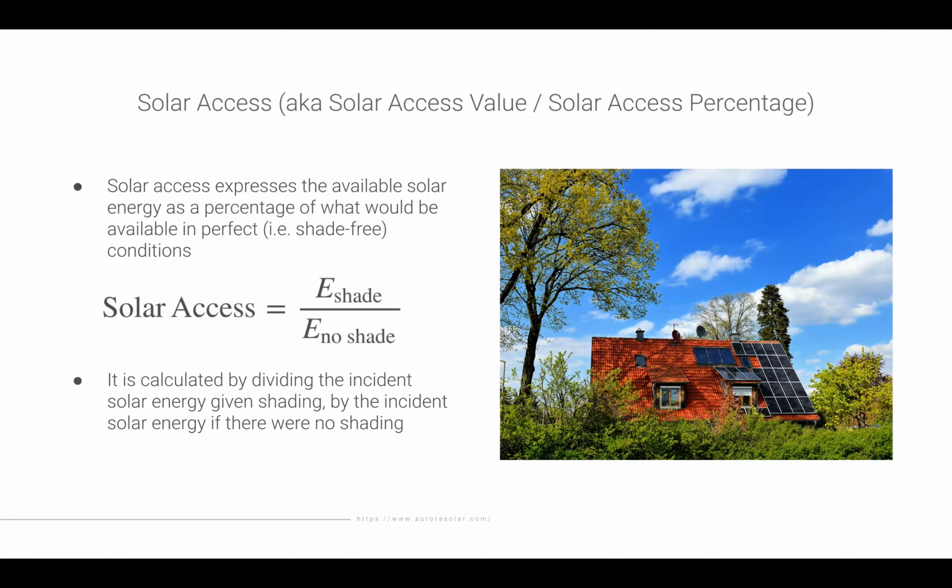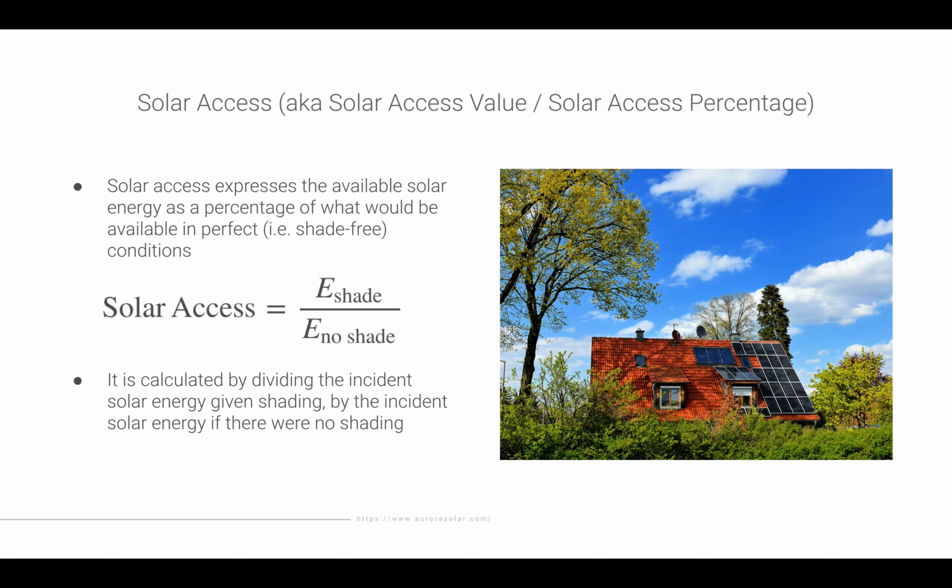All right, so let's talk about solar access percentage. Solar access is another term used to quantify how much sunlight is available for a solar array at a particular site. It is also referred to as SAP, solar access percentage, or solar access value. This metric expresses the available solar energy as a percentage of what would be available in perfect, for example, shade-free conditions.